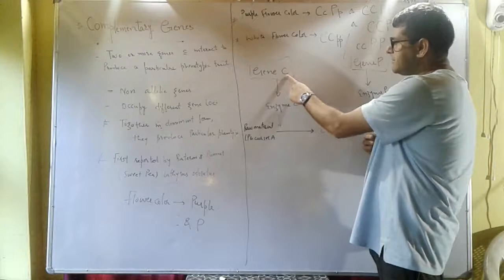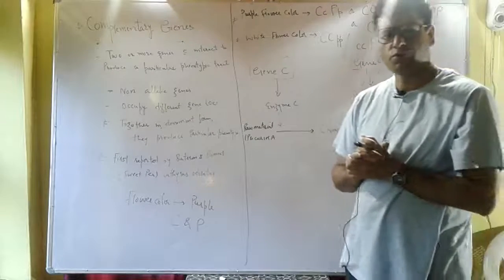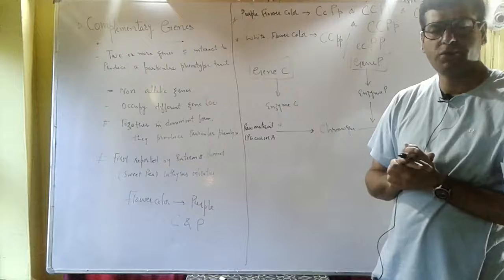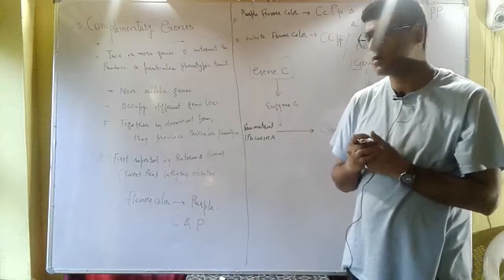That means gene C and gene P interact to produce the particular phenotype. When they are present together, they interact to produce a particular phenotype.